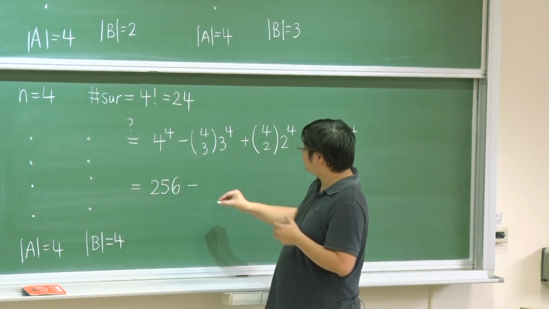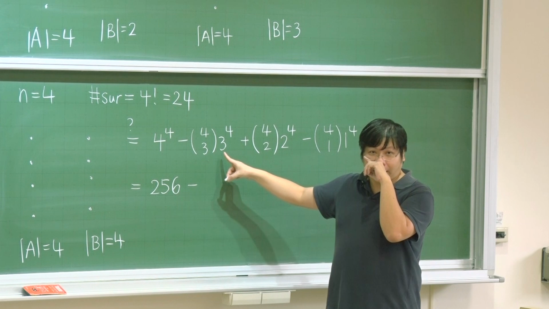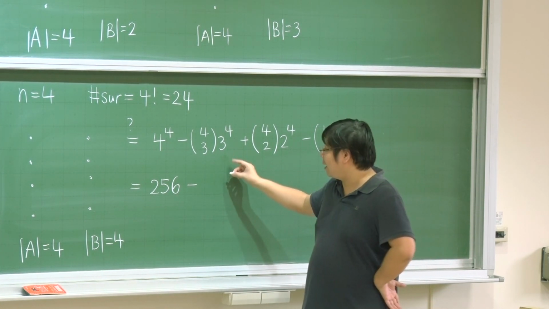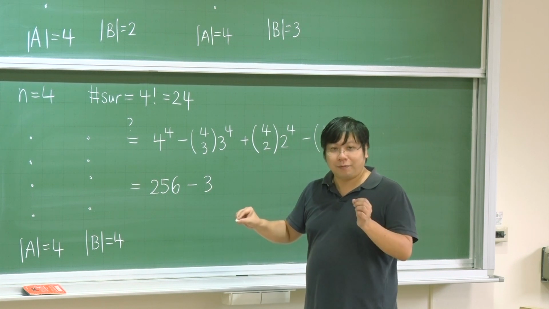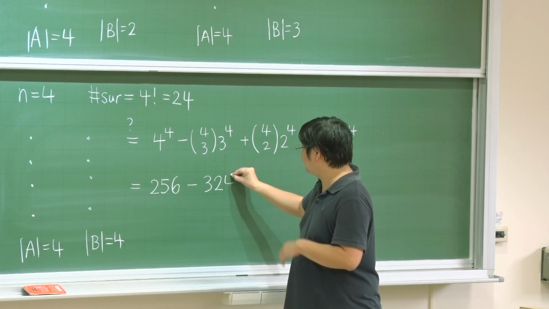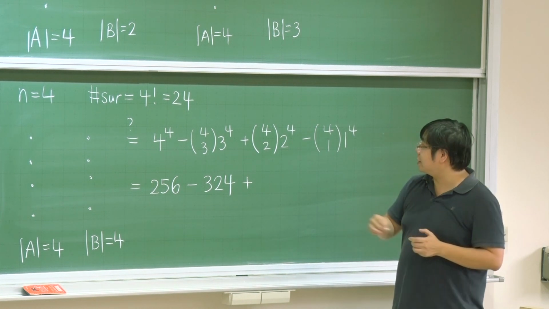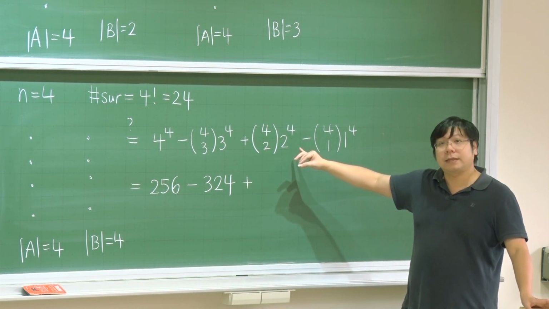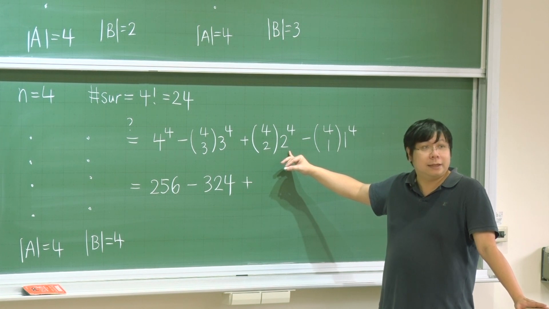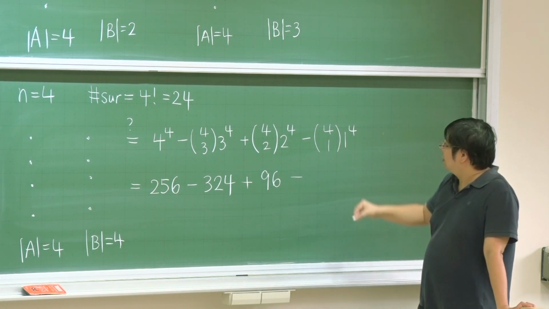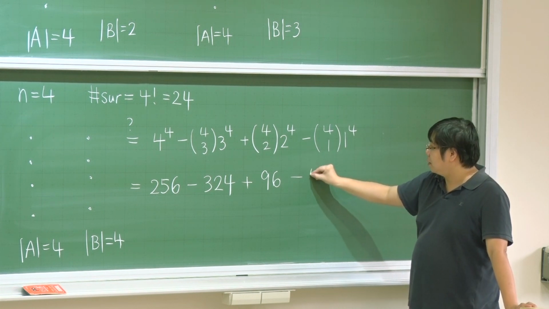Then this one, 4 times 81, is 324. Very good, 324. And then let's add back 4 choose 2, which is 6. 6 times 16 is 96. And then minus 4 choose 1, which is 4, times 1, so it is 4.